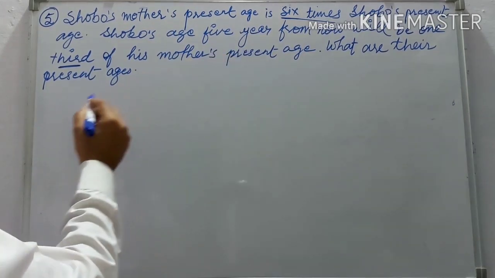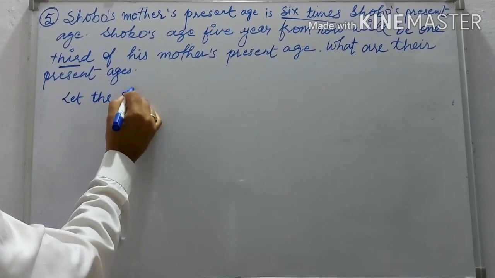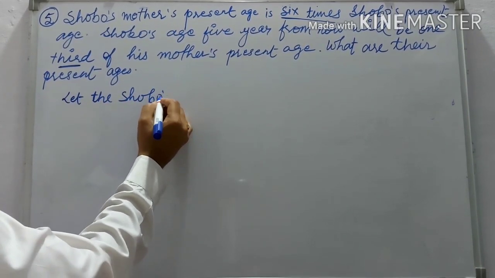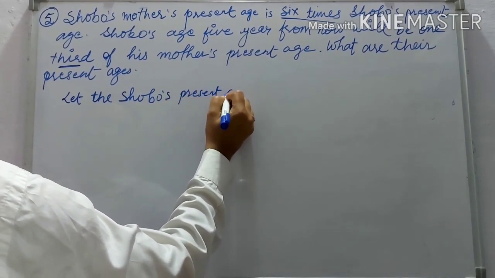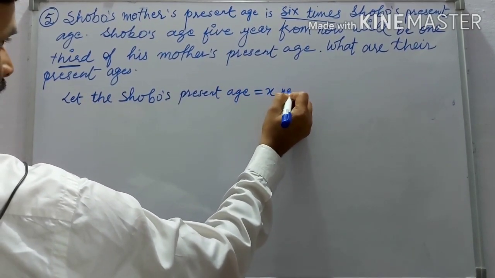Now first, let Shaboz's present age be x years.